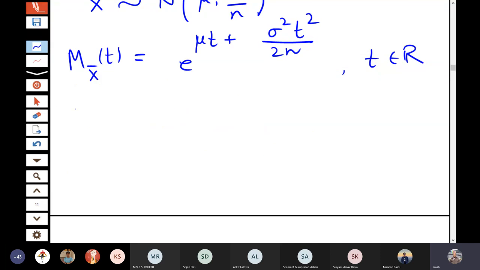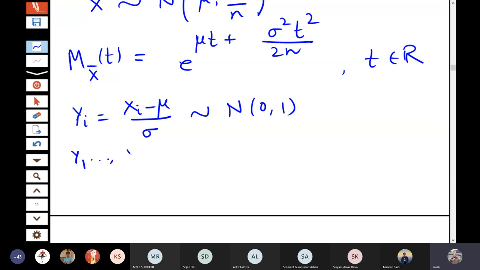So let us define, say, yi equal to xi minus mu by sigma. Then by the linearity property, this follows normal 0, 1, and y1, y2, ..., yn are IID normal 0, 1.